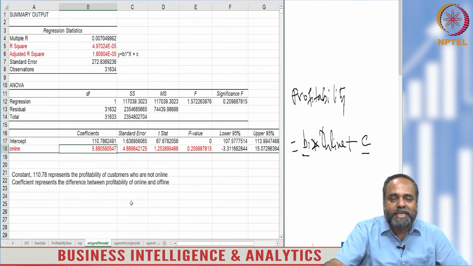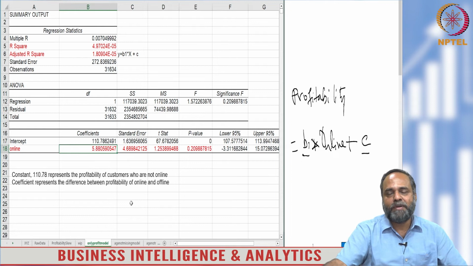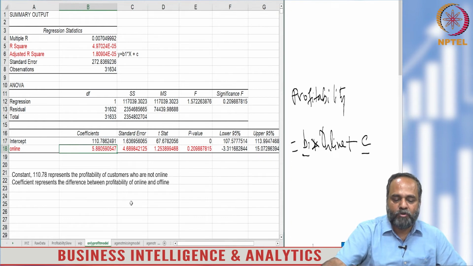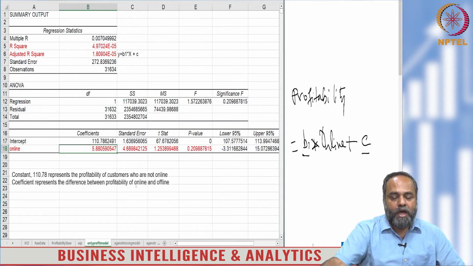We already saw that 5.88 is the difference of means between the two groups. That is how the coefficient is estimated when you have a single dummy variable. And then look at the remaining results.